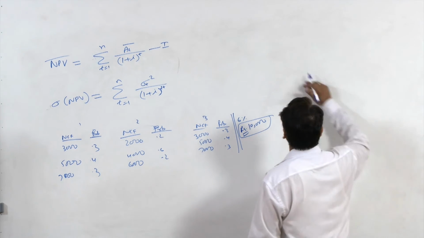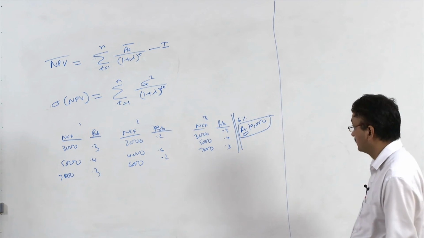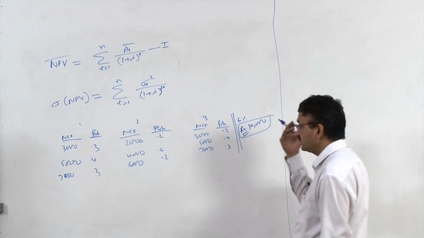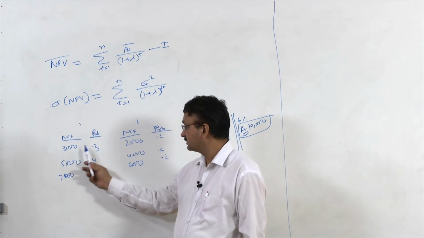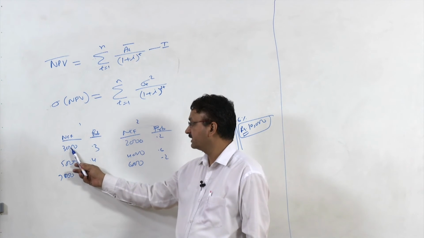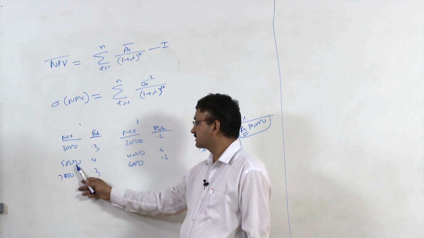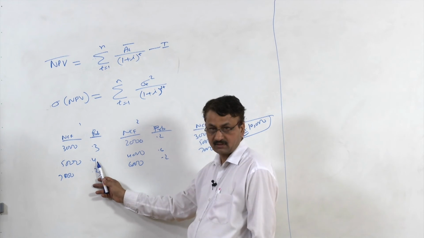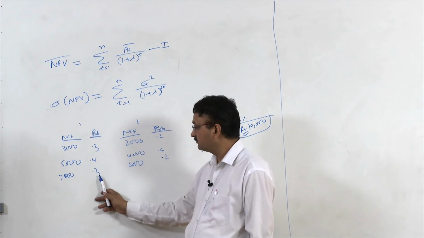Let us solve this question. Expected cash flow is known to you: net cash flow into probability. So, this 900, 2000 and 2100, right.